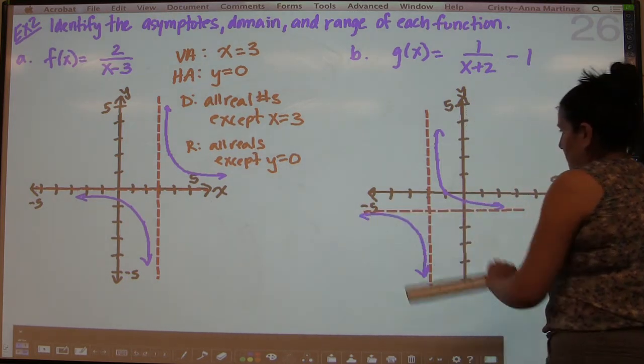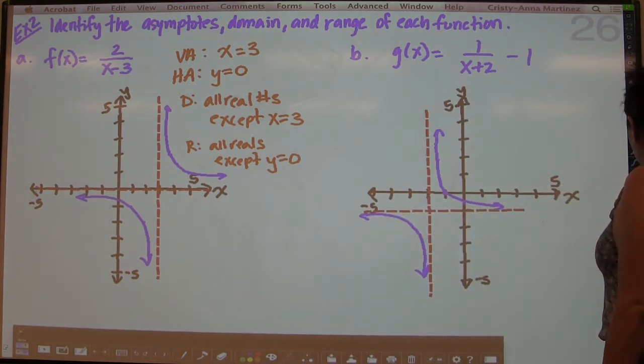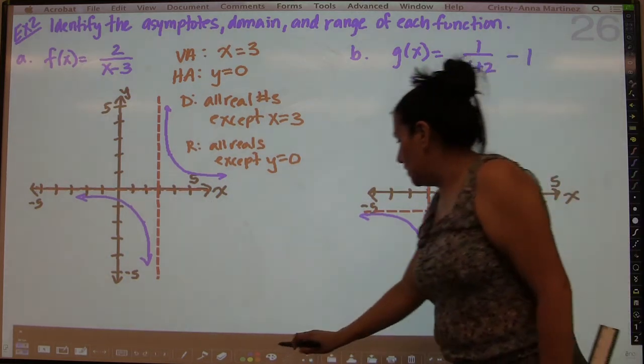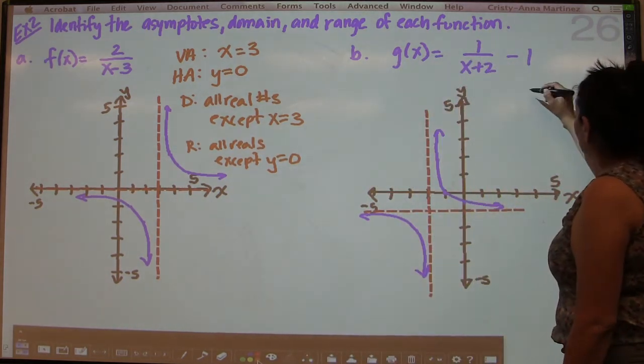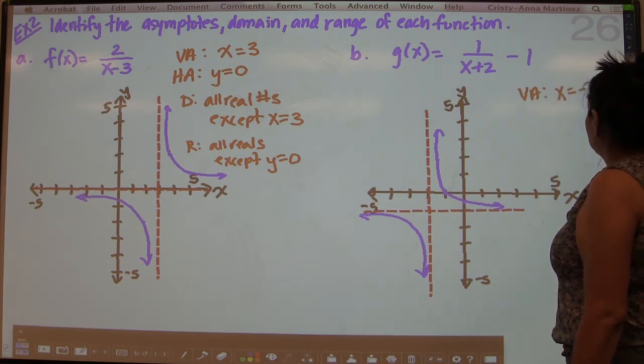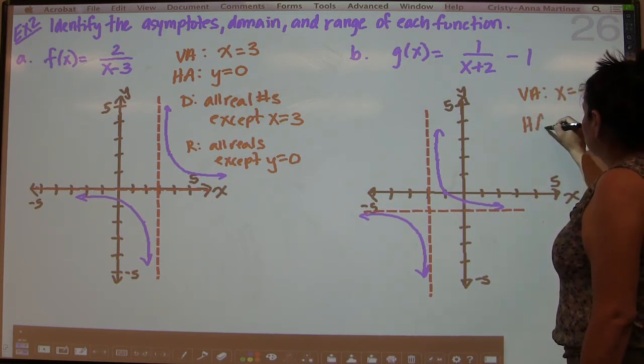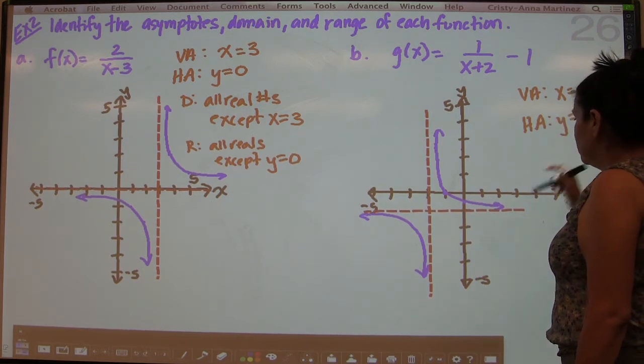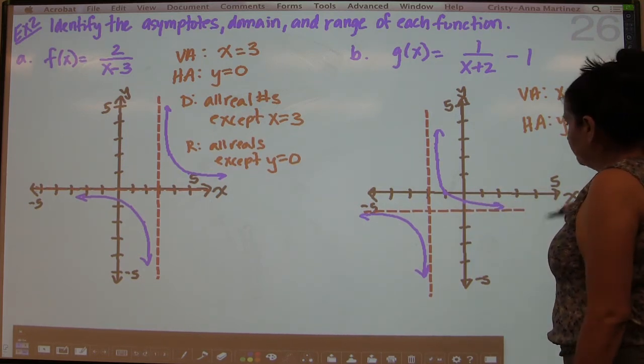So now we need to make sure that we list those. For our vertical asymptote, we're going to have x equals negative 2. Our horizontal asymptote is going to be y equals negative 1.